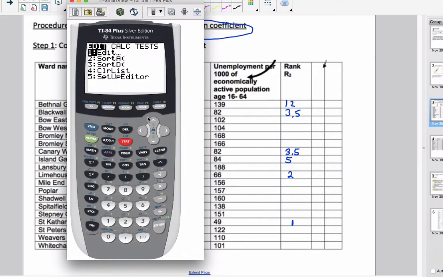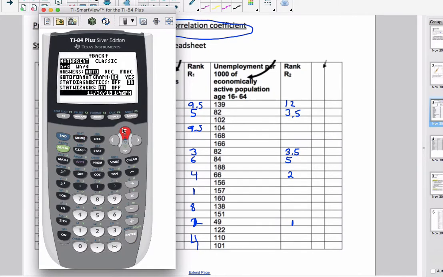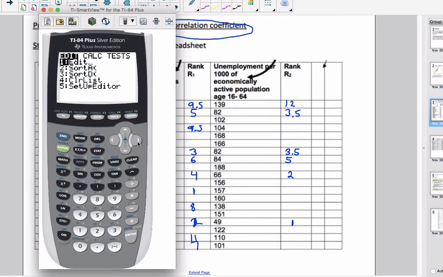You can go to Stat, Edit. You can type in the ranks here in L1 and L2. Make sure you go to Mode and make sure Stat Diagnostic is on. And then you go to Stat, Calc, and number 4 is linear regression, right?